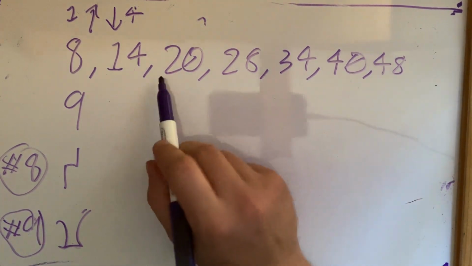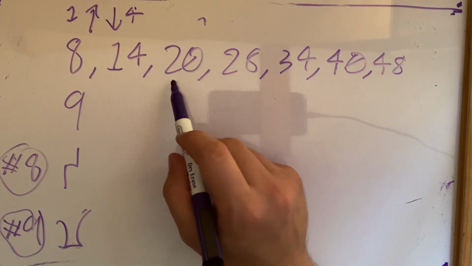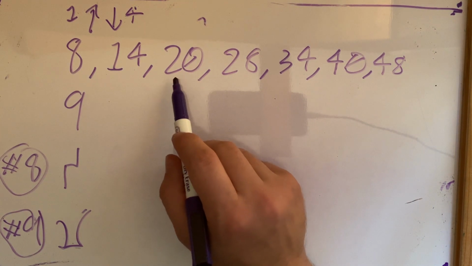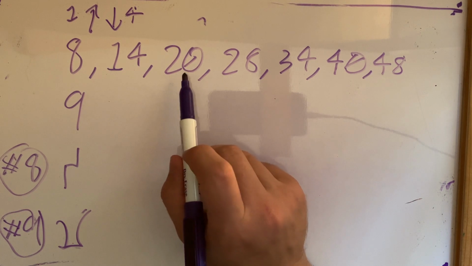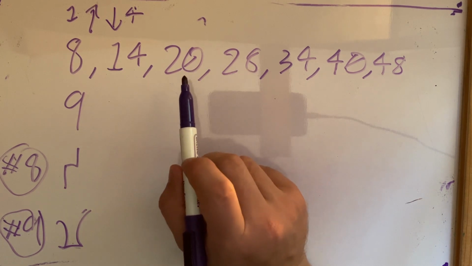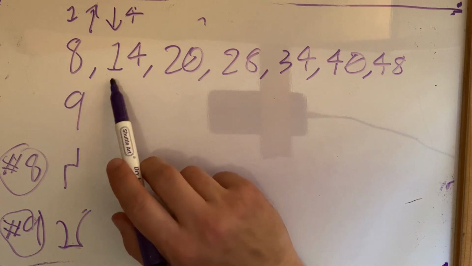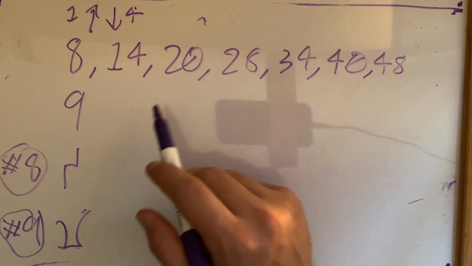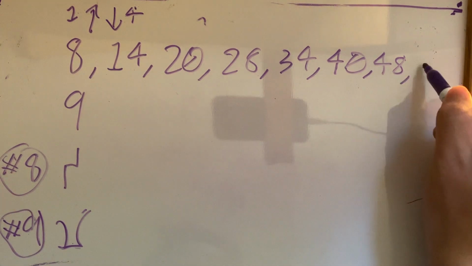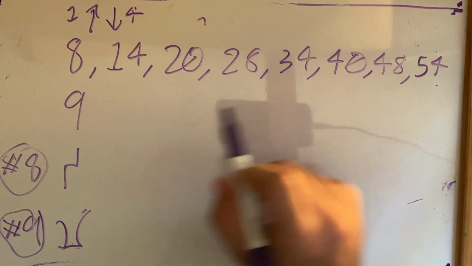You'll notice here, if the 12th place is an even number, then in order for 8 to go into it evenly, it has to have a 0 or an 8 in the 1's place. If the 12th place is an odd number, like 1, 3, or 5, then the 1's place has to be a 4 in order for 8 to go into that number.